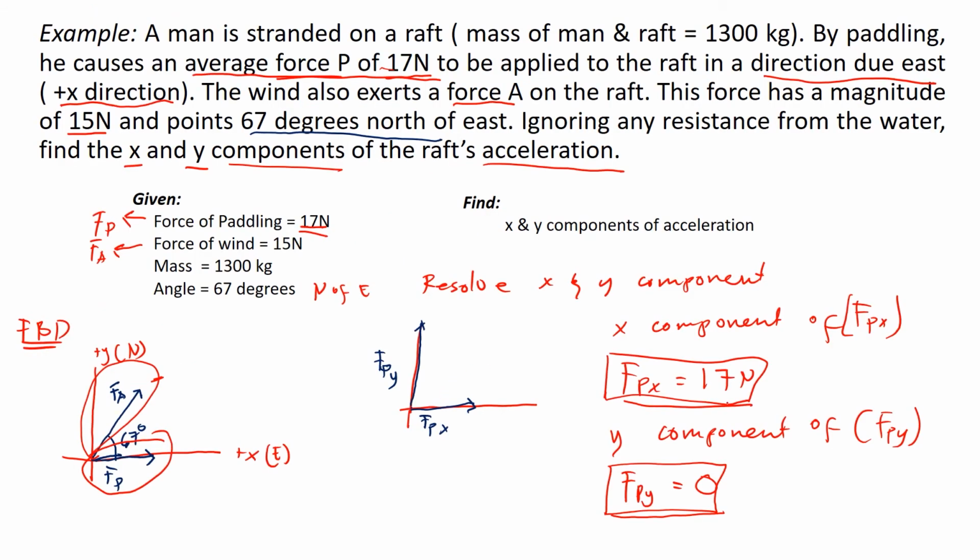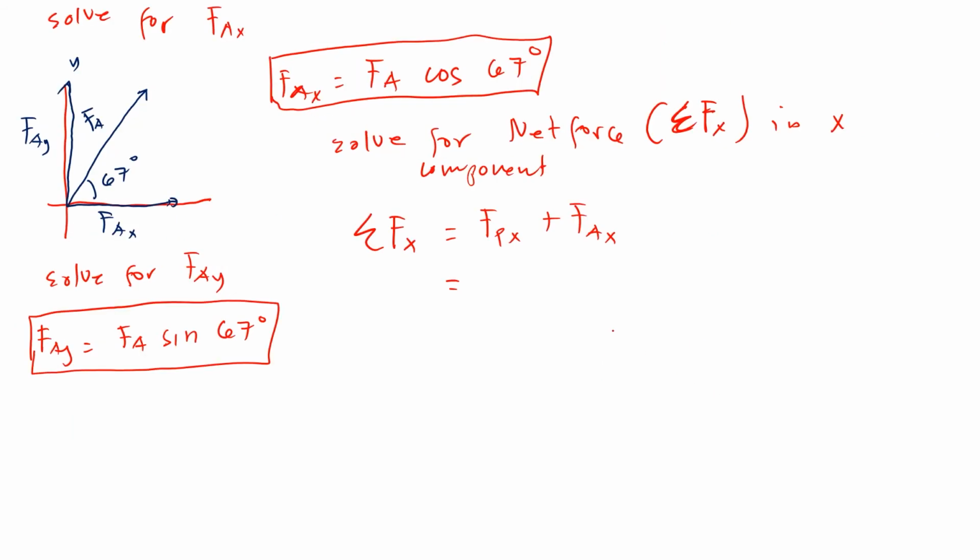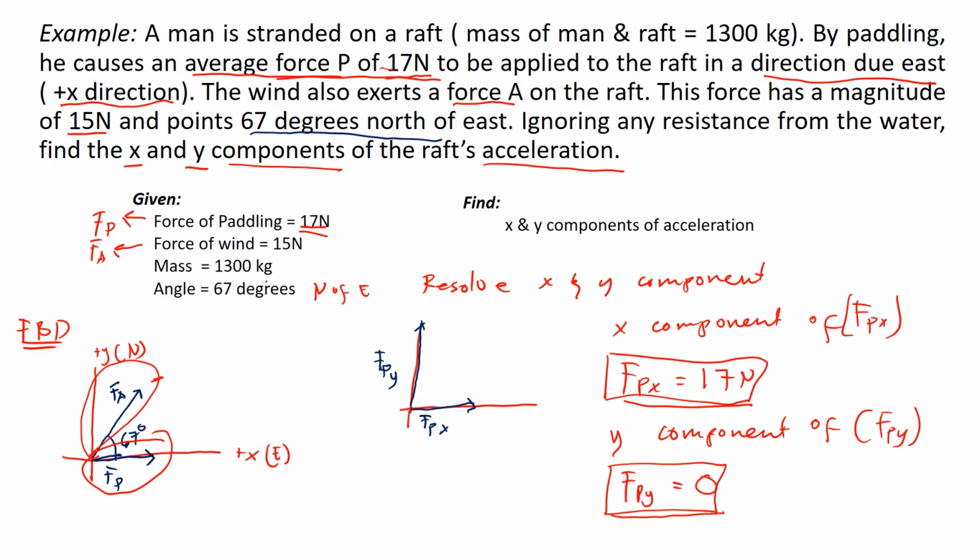F sub Px is 17 newtons, so we substitute 17 newtons plus the force of the wind in the x component, which is F sub A cosine of 67 degrees. So this is equal to 17 newtons plus, substituting the value of F sub A, 15 newtons.